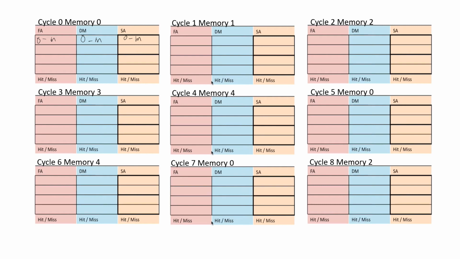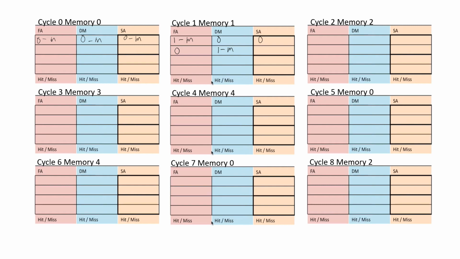In cycle 1, the most recently used is 1 here, a miss, and 0 is the least recently used. In the direct mapping, 0 is there, but 1 goes exactly here, still a miss. In the set associative, since 1 is odd, it goes in the odd set.